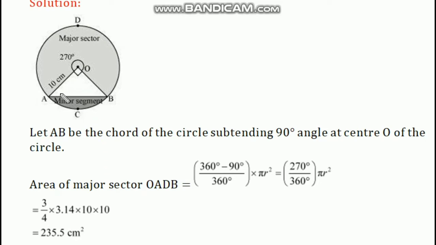For the minor segment, first we need to find out the area of sector OACB, then the area of triangle OAB.